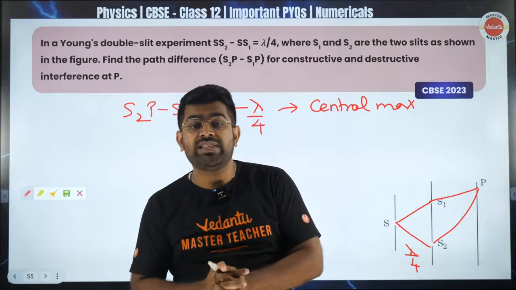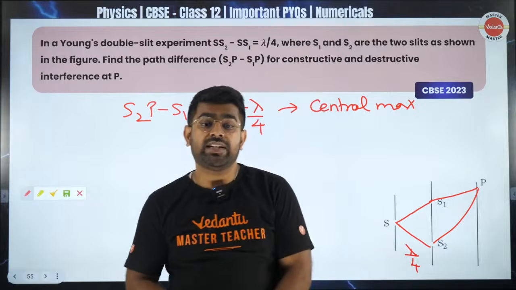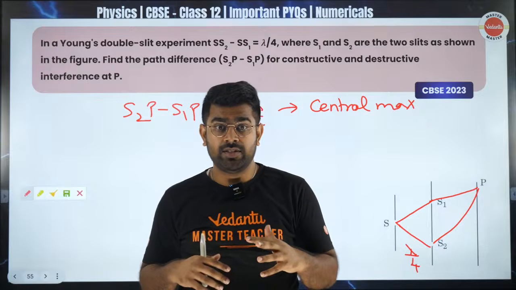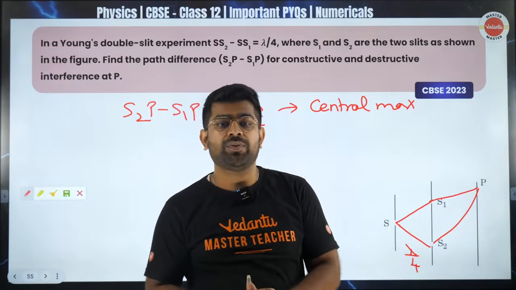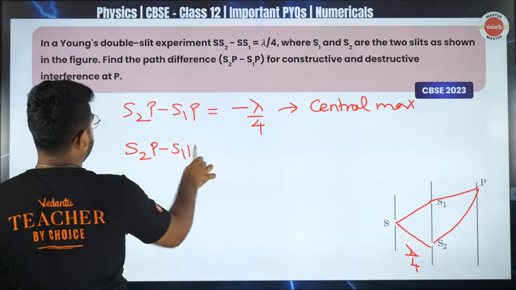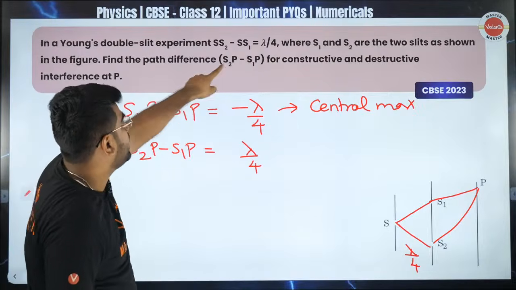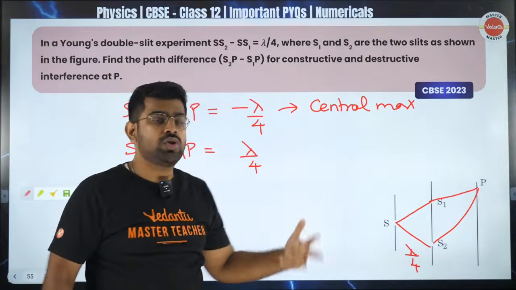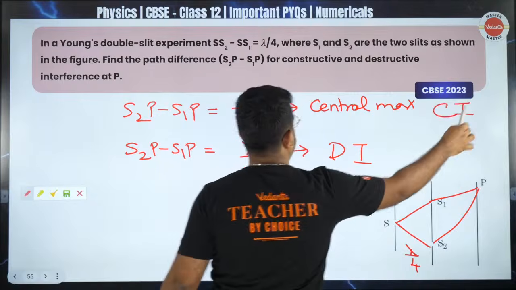Whenever the path difference is an odd multiple of lambda by 2, you will have destructive interference. So now if S2P minus S1P is lambda by 4 and you add these two together, the total path difference will be lambda by 2. So then you will have destructive interference, and in this case you will have constructive interference.